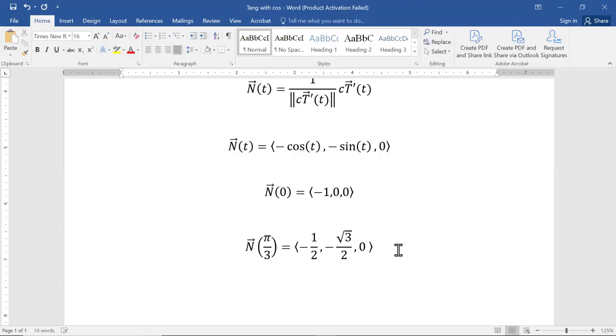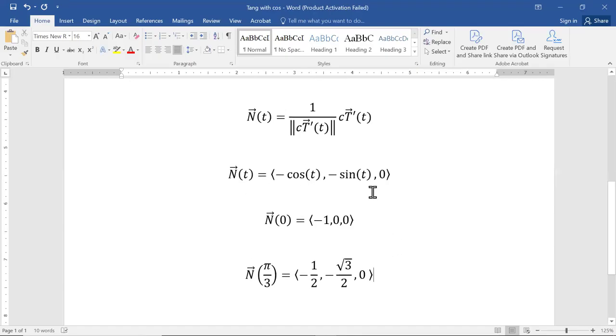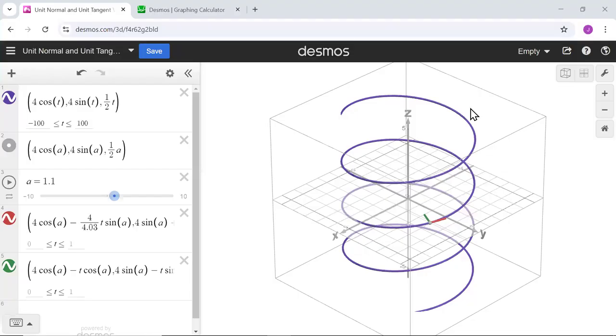Now let's see what this normal vector looks like if we draw it on the graph. Here we have our unit tangent vector. That's the one in red. Our unit normal vector is the one in green.